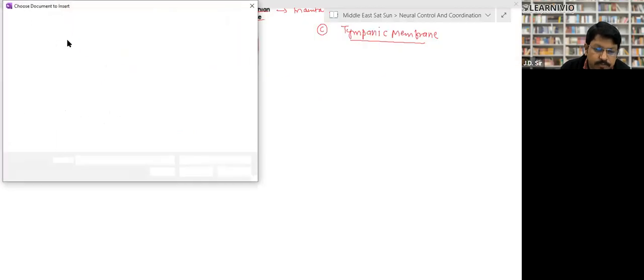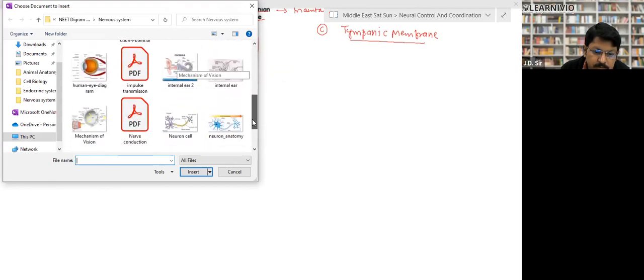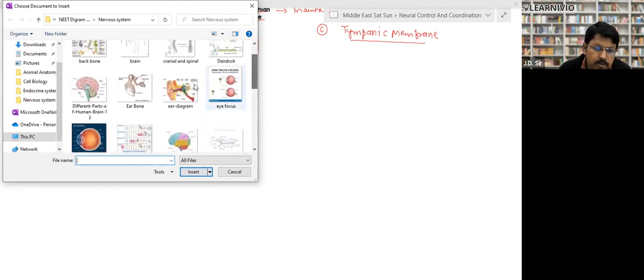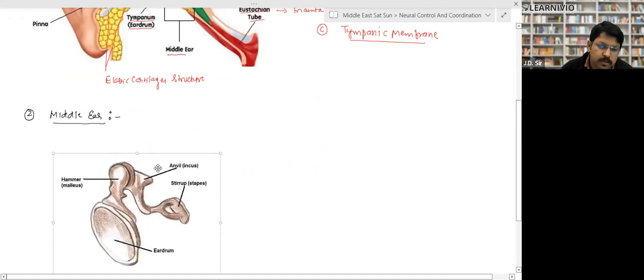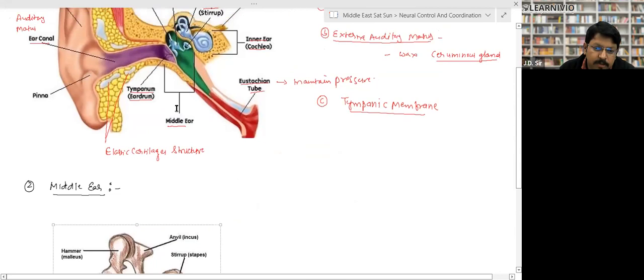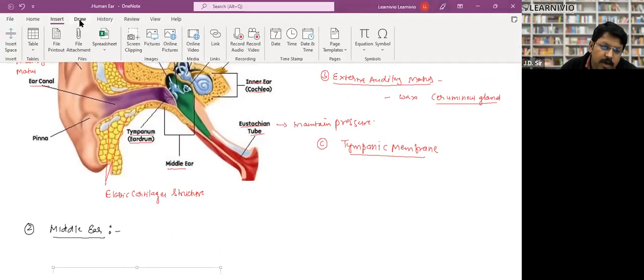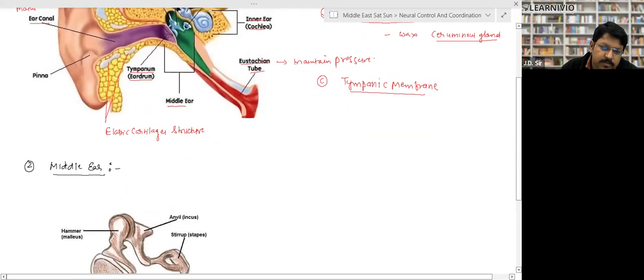Let me share with you the bones of the middle ear. Look, there are these bones of the middle ear. Consider this the enlargement of the earlier diagram.